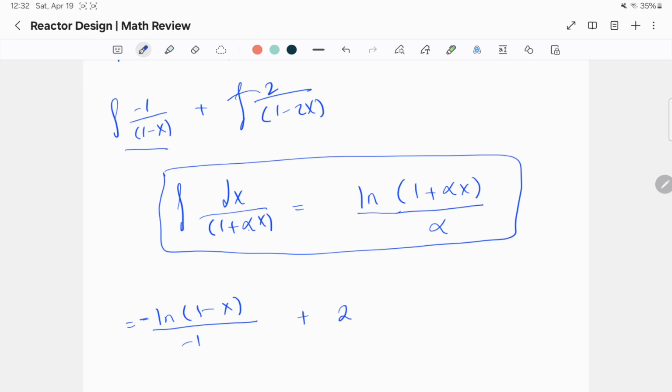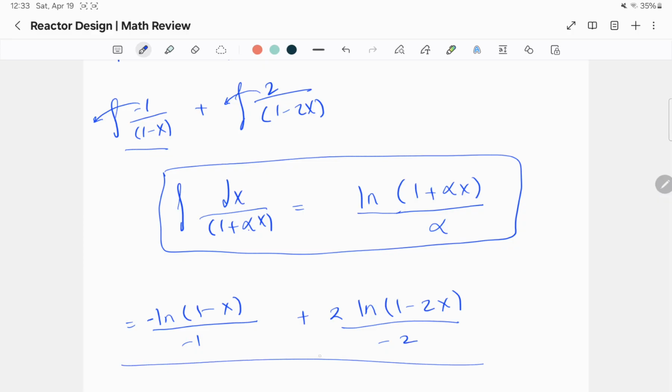The 2 will leave the integral because it's a constant, and the -1 will leave the integral because it's a constant, and that's the reason behind this -1 here and the 2 here. Okay, so it'll be 2 ln 1 minus 2x over -2, and that is your final answer.